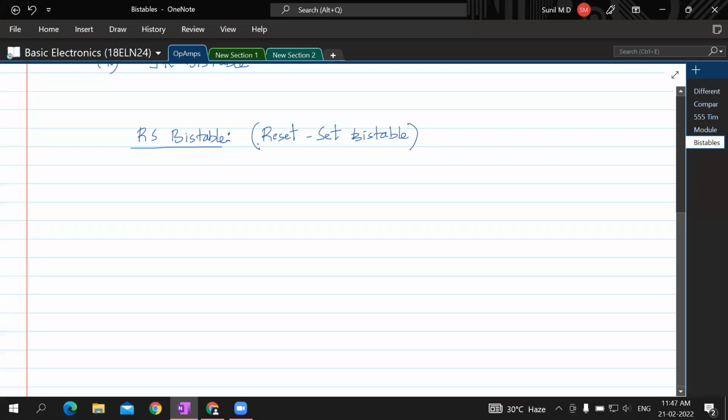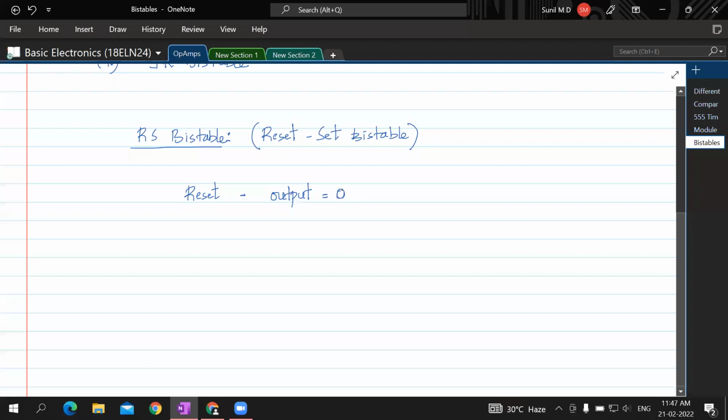Understand that? Now, when we say reset, the output would be reset. If we do reset of something, output would be equal to what?